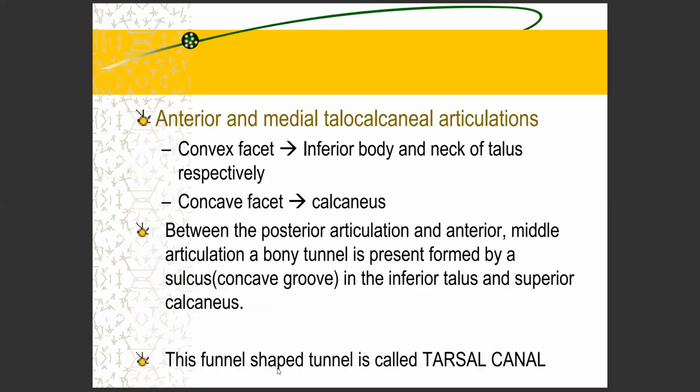In the anterior and middle talocalcaneal articulations, the convex facet is on the inferior body and neck of the talus respectively, while the concave facet is on the calcaneus. Between the posterior articulation and the anterior and middle articulations, a bony tunnel is present, formed by a sulcus in the inferior talus and a superior calcaneus, and this tunnel is known as the tarsal canal.